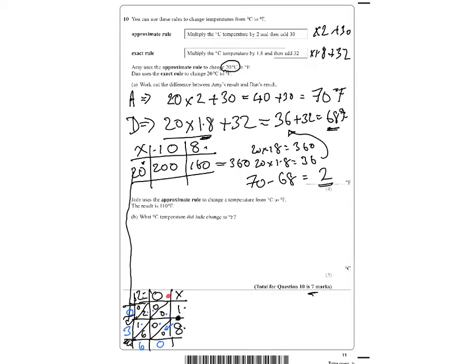20 could be written as 20.0, so I'll just put a red point there, and I've already got the decimal point for 1.8 there. What you do is you follow the lines down, and then where they meet, you draw a line down like that, and you get the decimal point there.